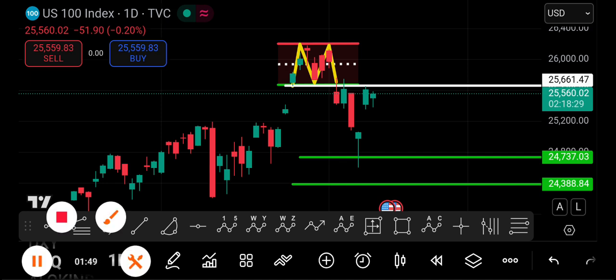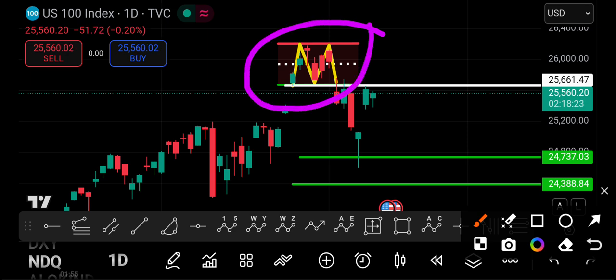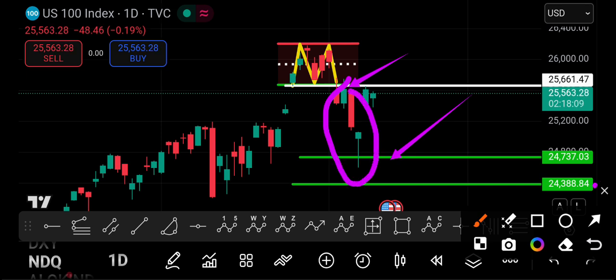If you remember, just 6 days before, I had identified this beautiful pattern, and this was a double top. As soon as this double top pattern got triggered on the downside, this was our entry, and this was our target, and this entire massive down move we captured.